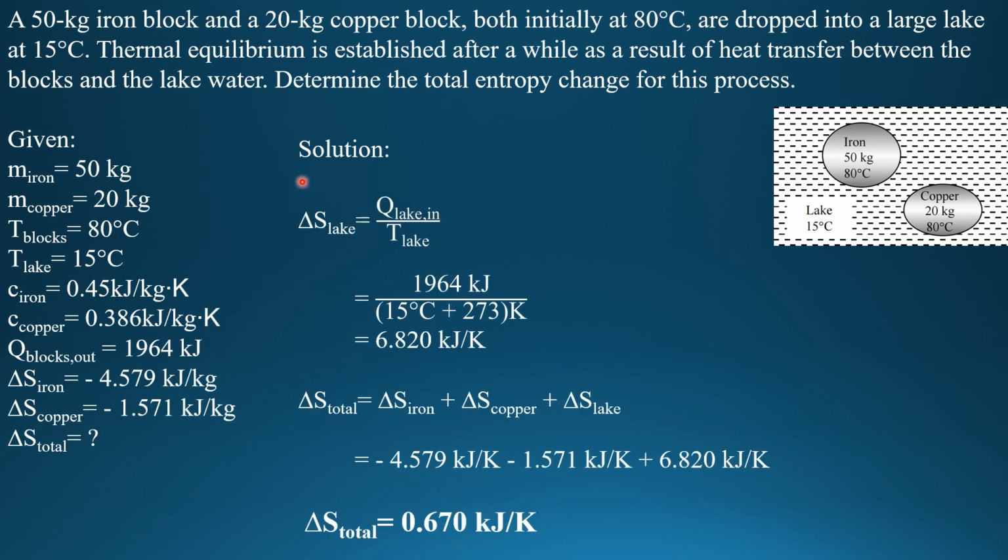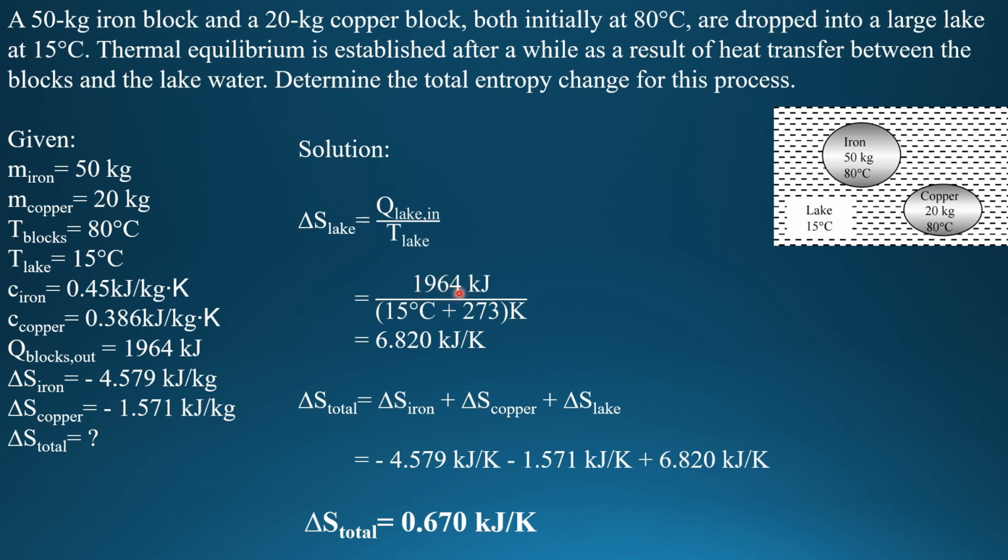To solve for the change in entropy of the lake, we have this equation, that is the heat input of our lake divided by the temperature of our lake. A short explanation here: the heat input of our lake is equal to the heat output of our blocks.